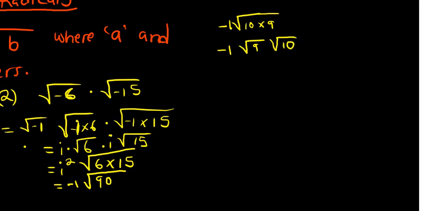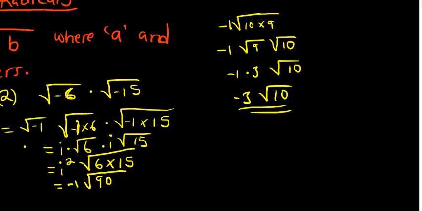So here you're going to have -1 by 3, then you have 10. So you're going to have -3, then inside the square root of 10. So that's how you solve that question.